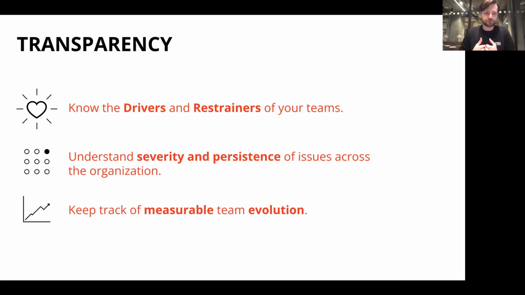And that works for all kinds of teams: on-site teams, remote teams, mixed teams, outsourced teams. You get that great level of transparency. And that enables leadership, management, agile coaches, all kinds of decision makers to take very impactful decisions on how to support the teams in the organization on their development journey.